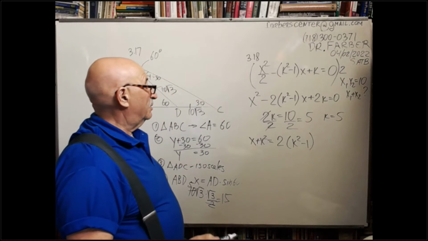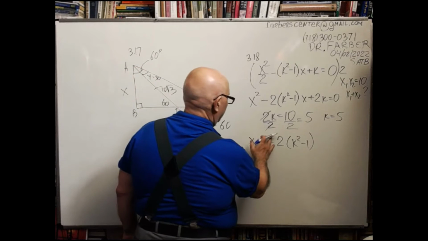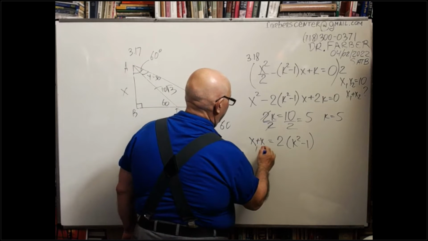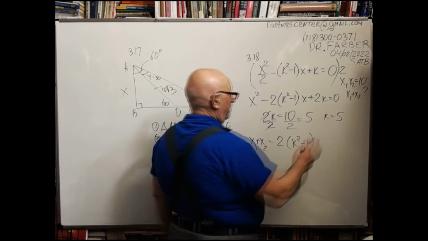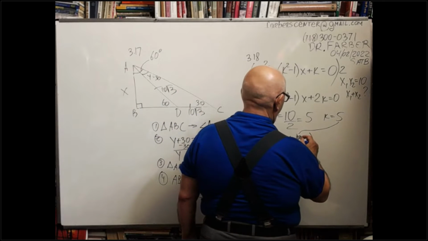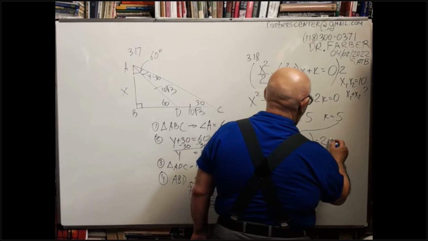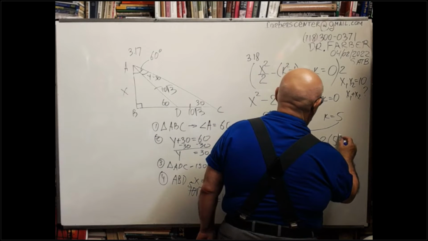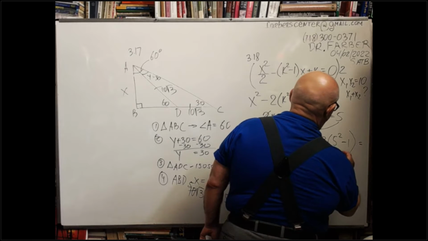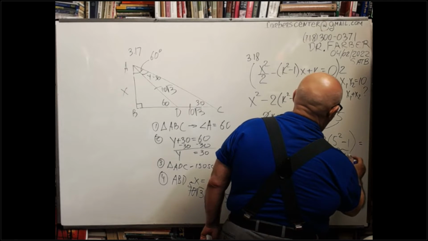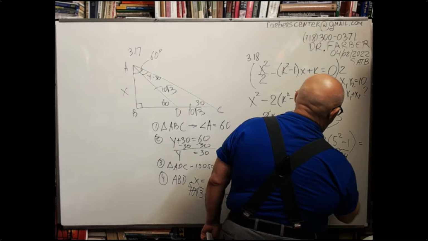We did x1 plus x2 many times. Since k equals 5, just plug in. It would be 2 times (5 to the second minus 1), which is 24. 2 times 24 equals 48.